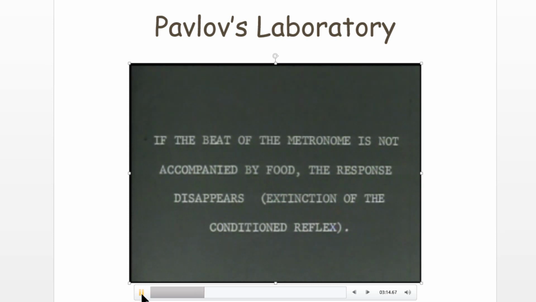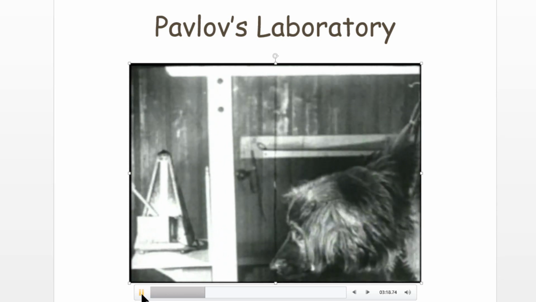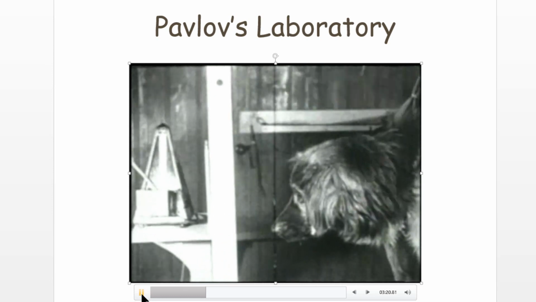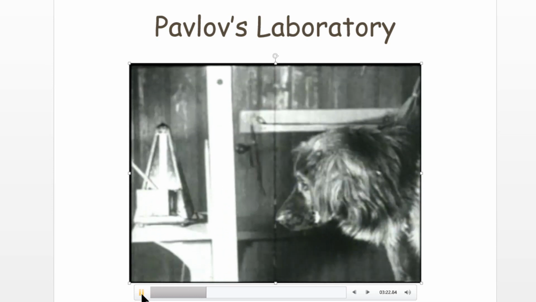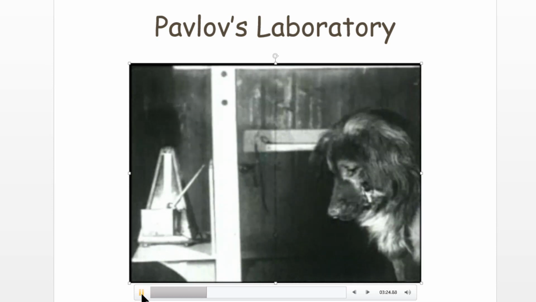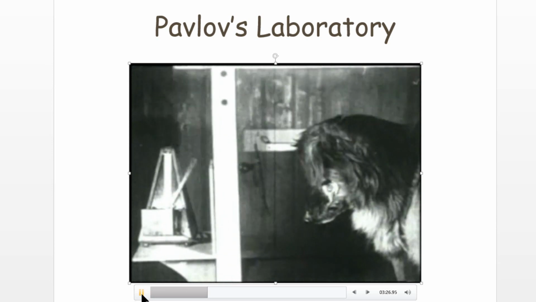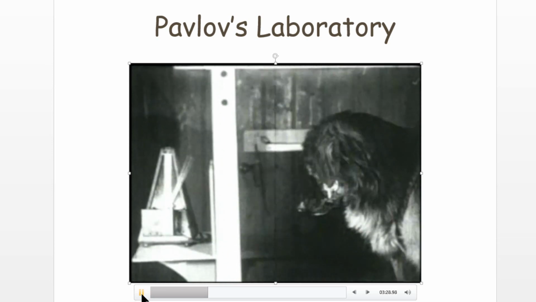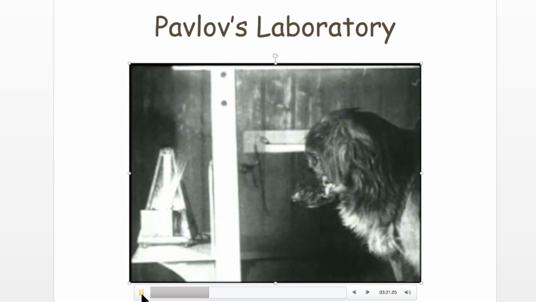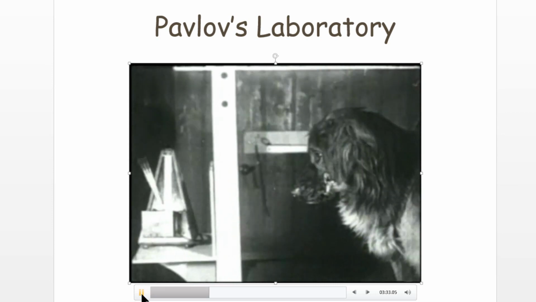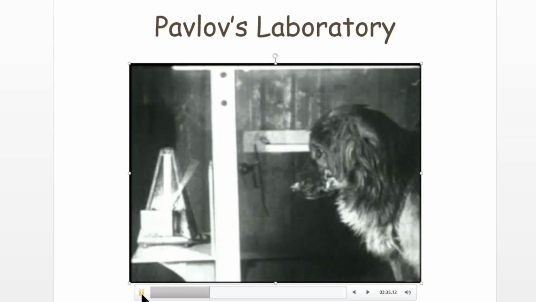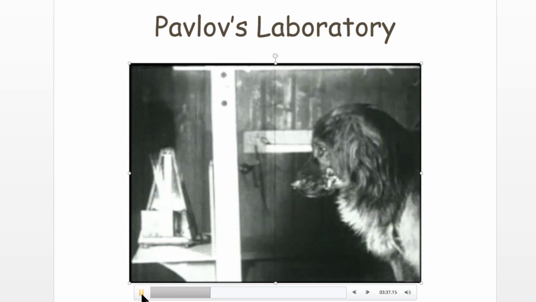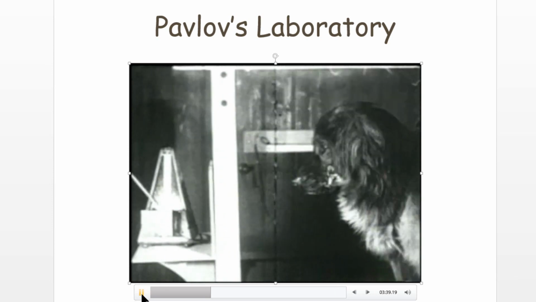Now, as shown here on the slide, if you continue to present the metronome but no longer feed the dog, then you are breaking the association between the metronome and the food, and the amount that the dog salivates will become less and less and less until it no longer salivates to the sound of the metronome.